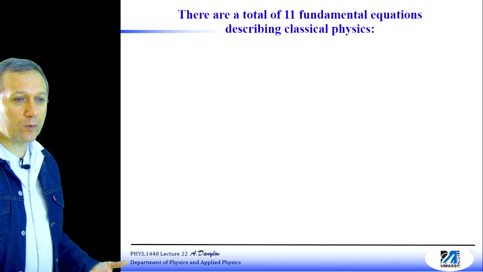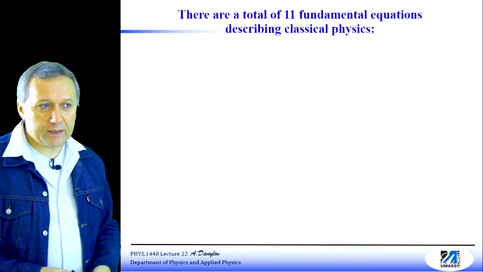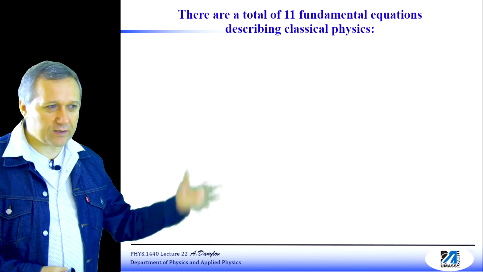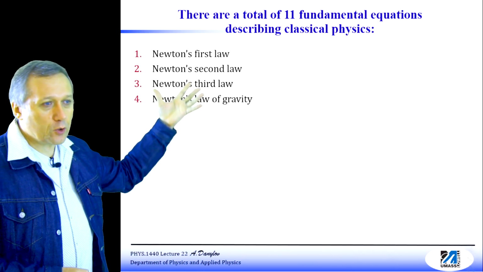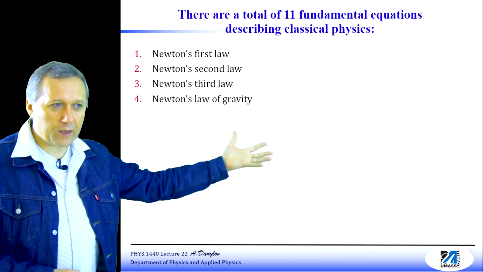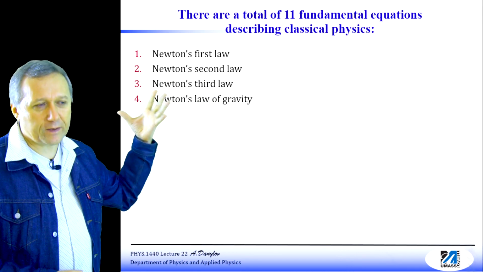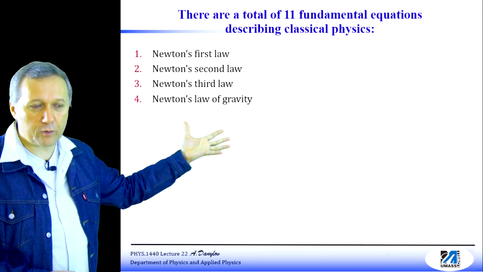All right, and so overall in classical physics, there are 11 fundamental equations. Let me just state them, and then we'll have a break. In classical mechanics, physics 1, you introduce 4 fundamental equations: Newton's first law, second law, third law, and Newton's law of gravity.